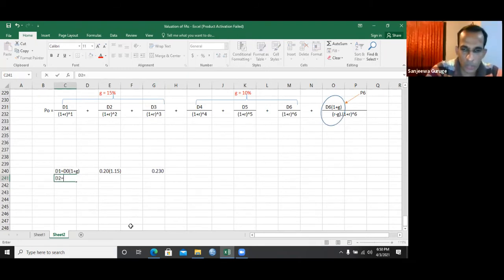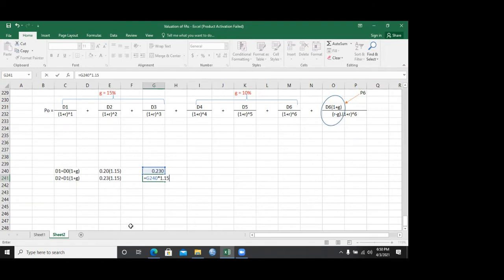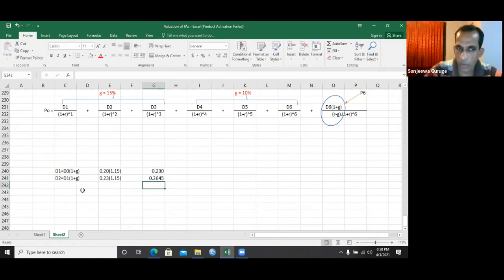D2 equals D1 into 1 plus G. D1 you already calculated, 0.23 into 1.15. What is D2? It is 0.2645. And then we can calculate D3.